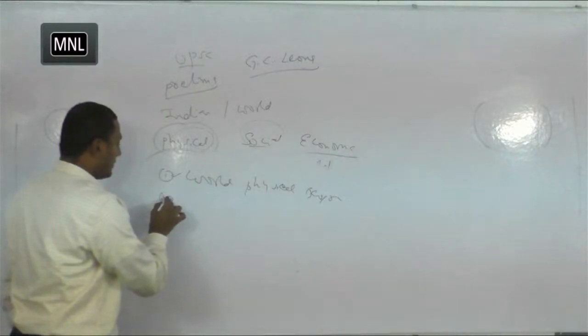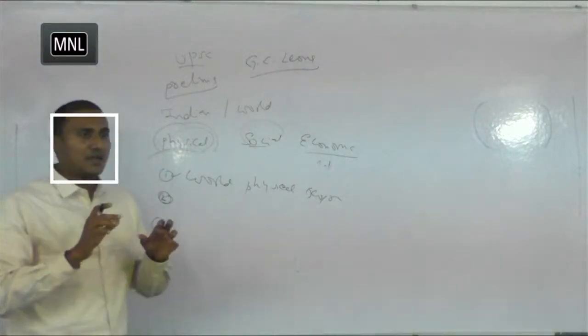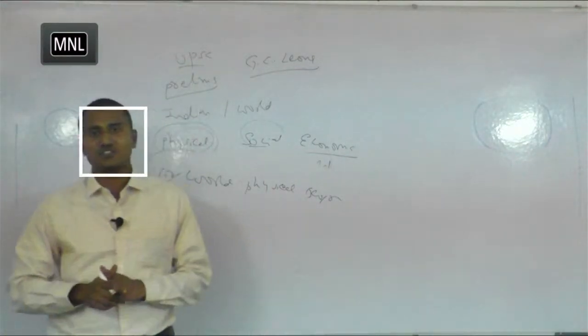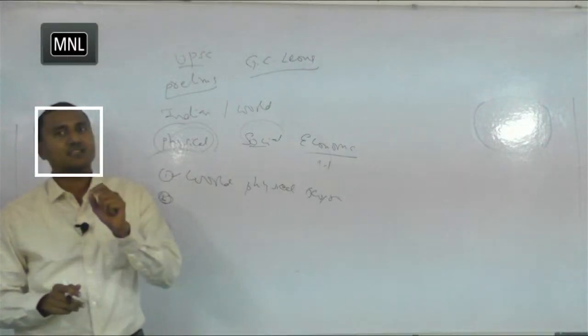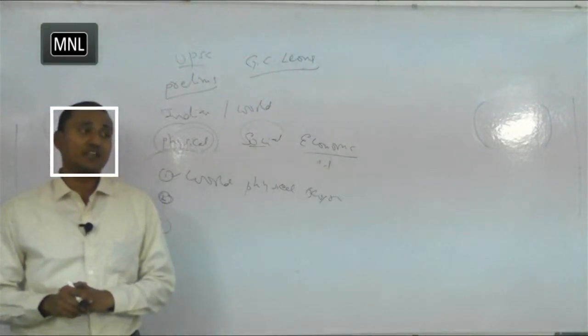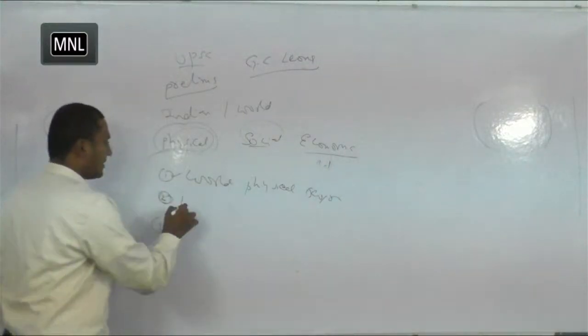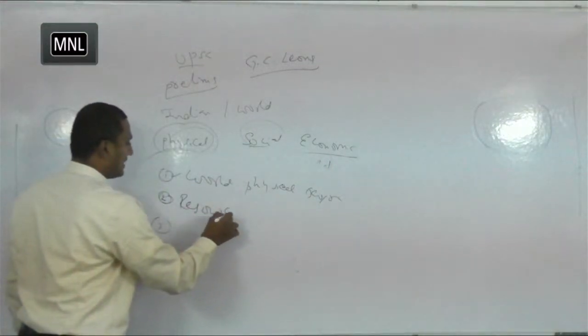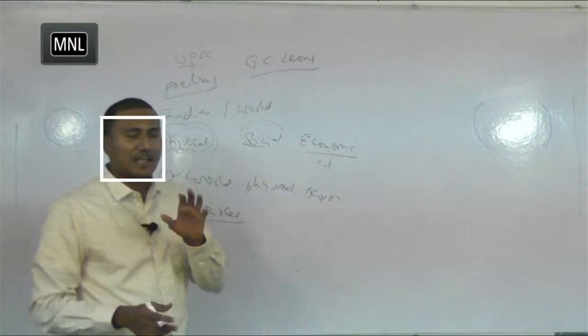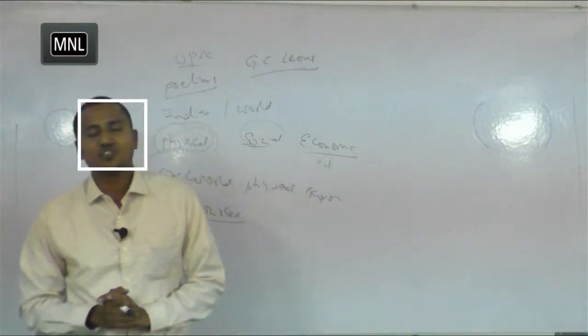Then they have mentioned only resources and industries. For this, I would say 8th class NCERT is the best book. 8th NCERT is all about the resources, mostly natural resources. What are natural resources?